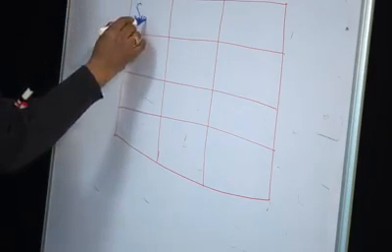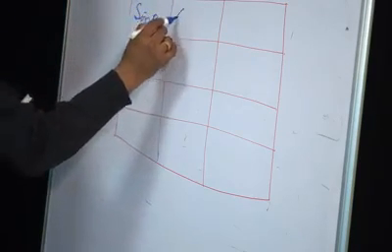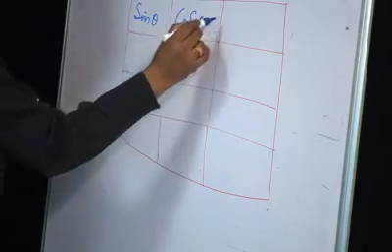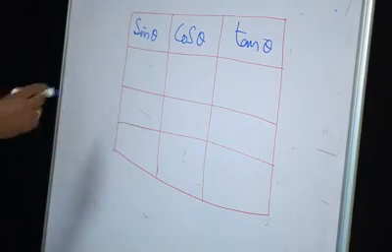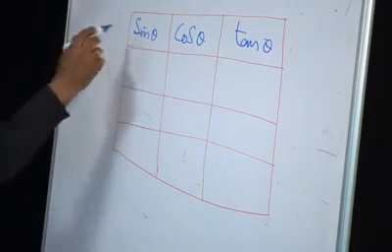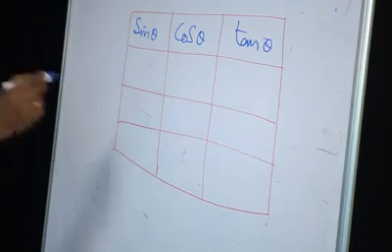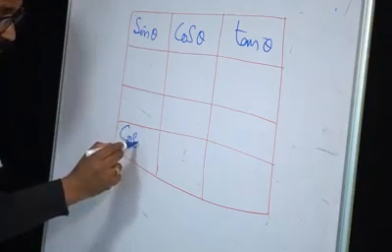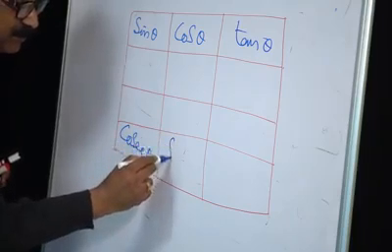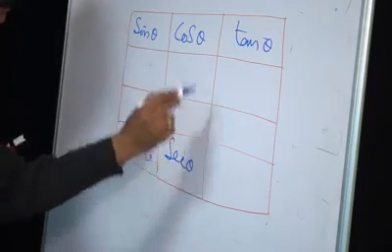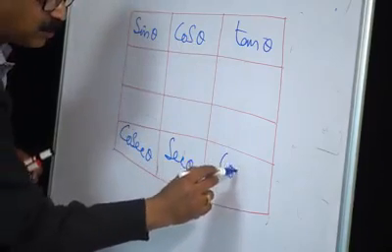I'm writing here sine theta, cos theta, tan theta. And we have to write down here the reciprocal of sine. What I told you? Cosec theta. Here the reciprocal of cos, sec theta. Correct? Reciprocal of tan, cot theta.